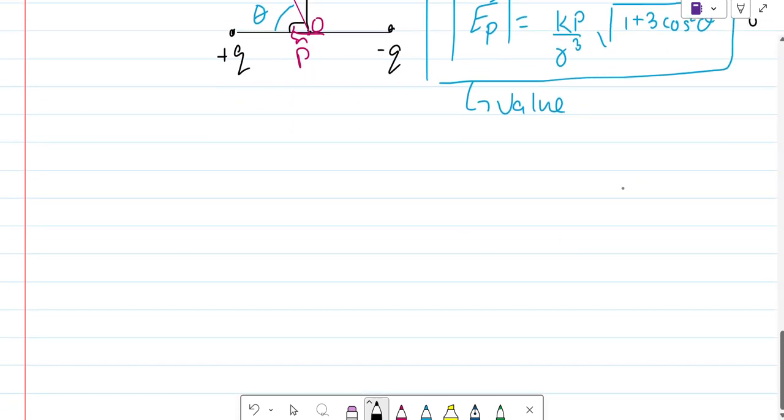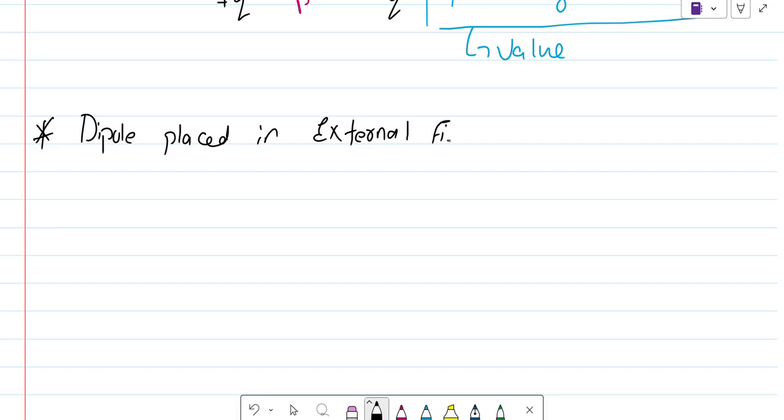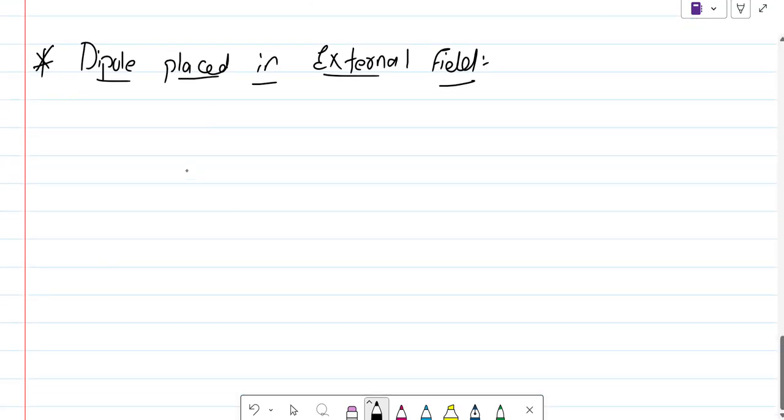Now, if any dipole is placed in an external field, what happens in the dipole? So it depends whether the field is uniform or non-uniform.